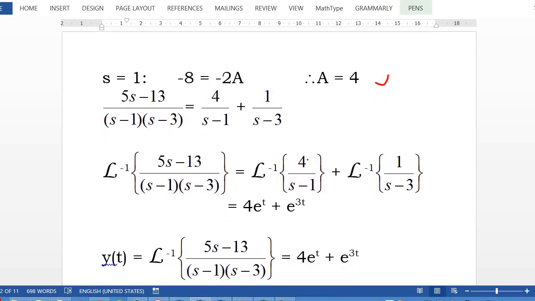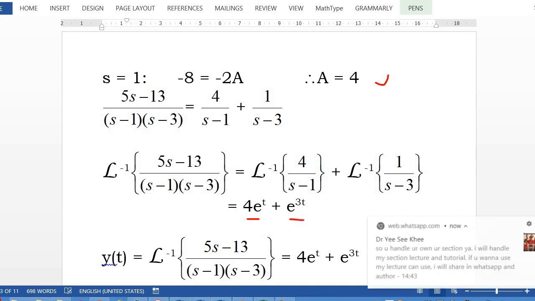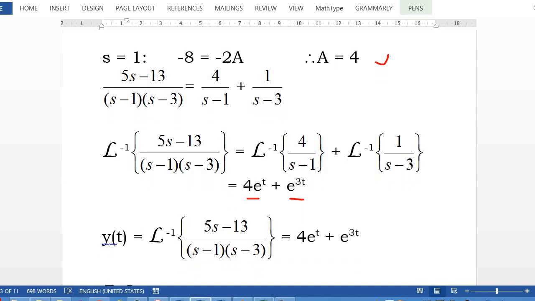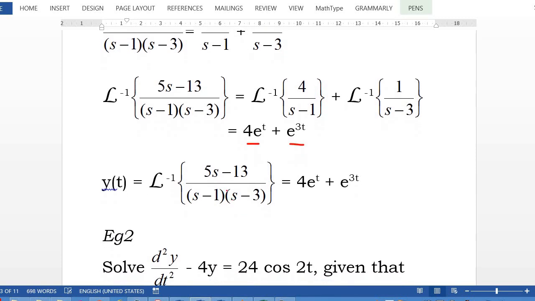So the inverse Laplace of 4 over s minus 1, you get 4e^t. The inverse Laplace of 1 over s minus 3 is e^(3t). Hence y(t) is actually the inverse Laplace of (5s minus 13) over (s minus 1)(s minus 3), which equals 4e^t plus e^(3t).